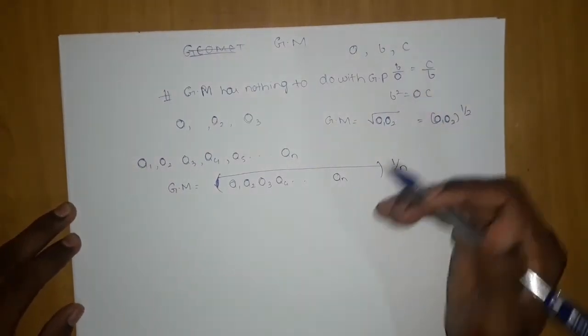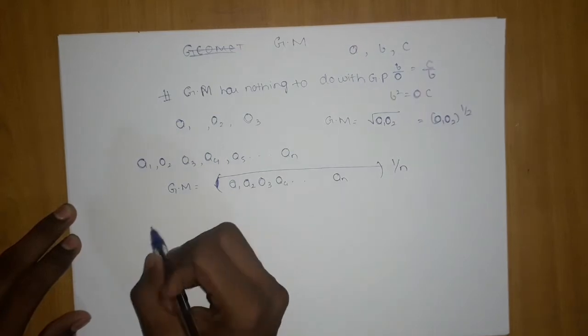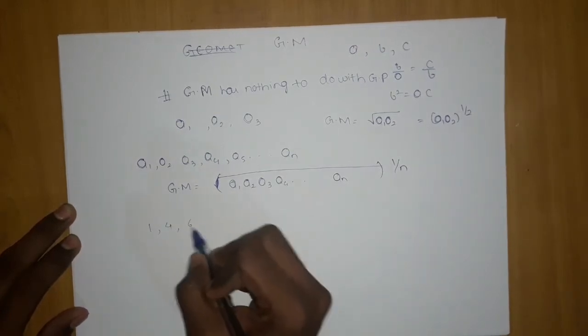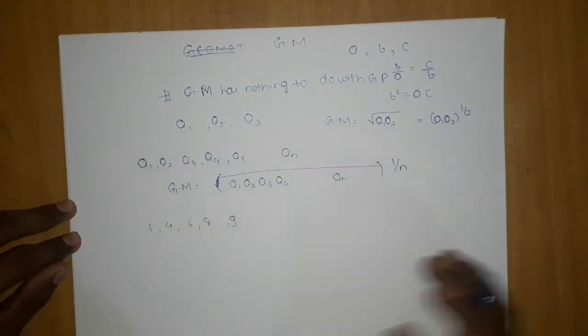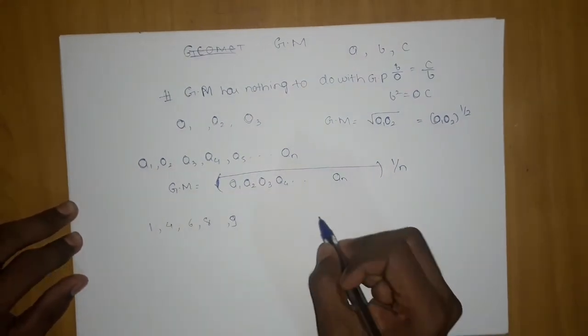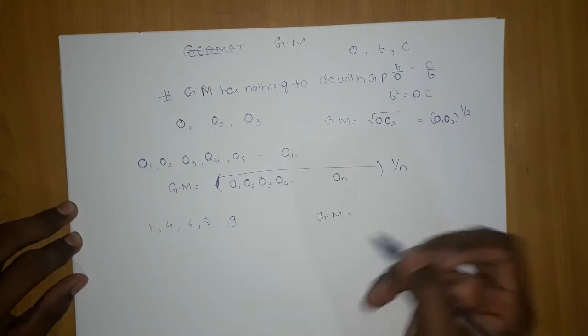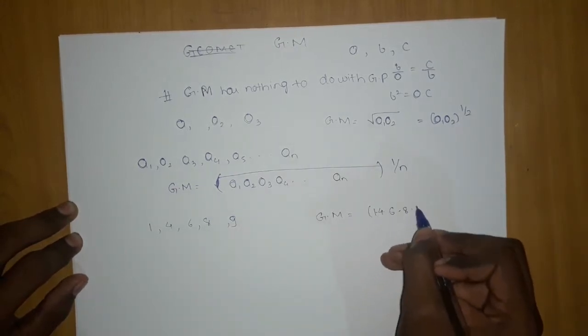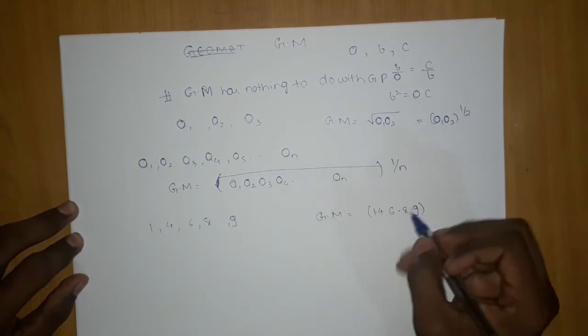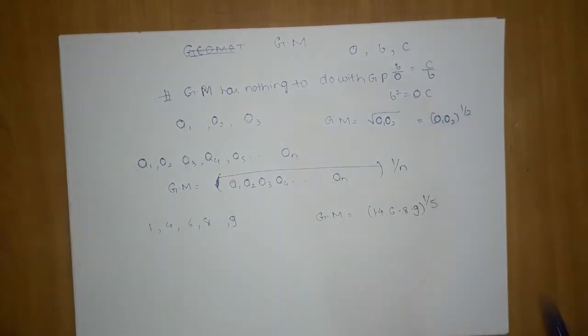Don't take the under root. Like if I take 1, 4, 6, 8, 9, it is not a GP, as I have told, GM has nothing to do with GP. So if I tell you to find its GM, it will be 1 into 4 into 6 into 8 into 9, whole power, these are 5 terms, 1 by 5. So this is the GM.